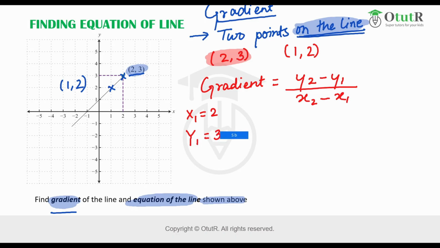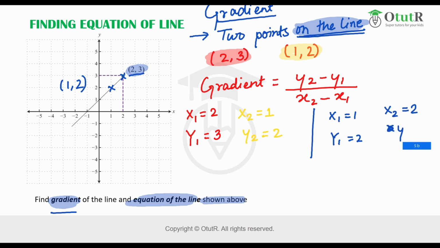Now I choose the remaining point, which is 1 comma 2, so x2 is equal to 1 and y2 is equal to 2. If you chose x1 as 1 and y1 as 2, and x2 as 2 and y2 as 3, this is correct as well.